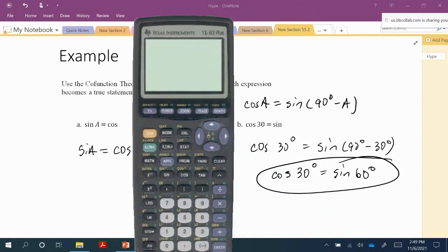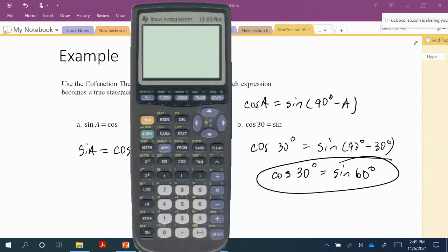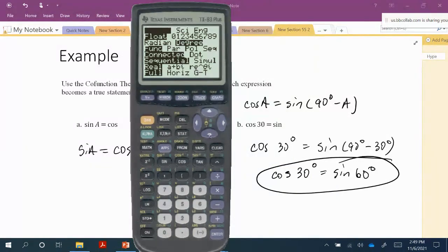All right, so the first thing I'm going to do is turn on the calculator. Then I'm going to go into mode, and I want to make sure that I am in degree mode because I am working with degree measures.